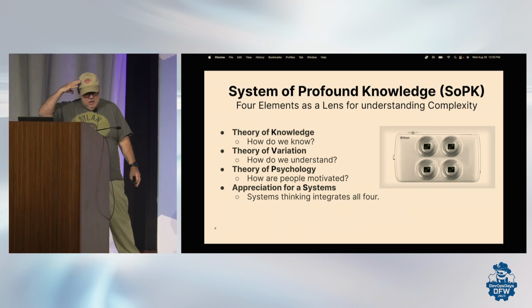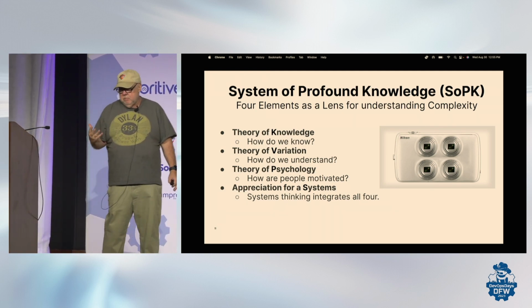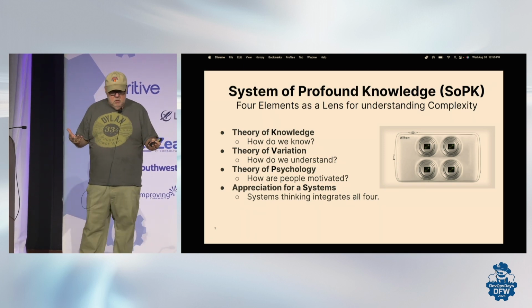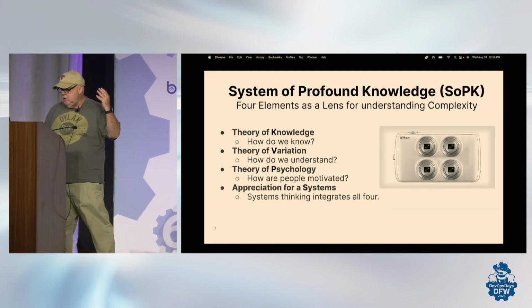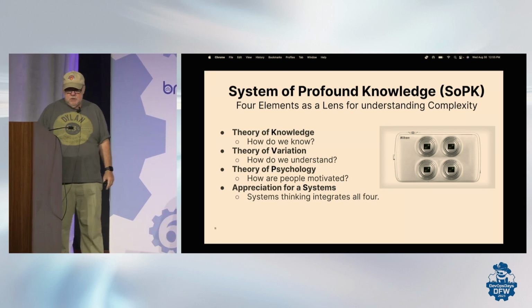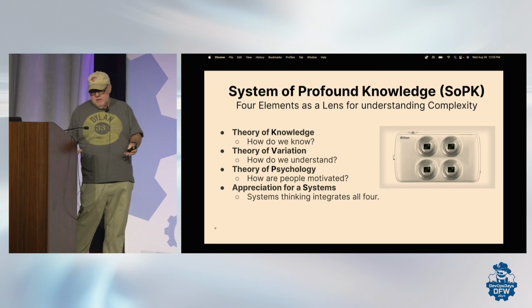So I thought it was interesting. This guy had a profound sense of how to solve complex problems. And by the way, everything we do is complex systems, right? So he really boiled it down to 4 elements as a lens for complexity: theory of knowledge, epistemology, you could call it scientific method. I'm going really fast, so I want to get into the other stuff.